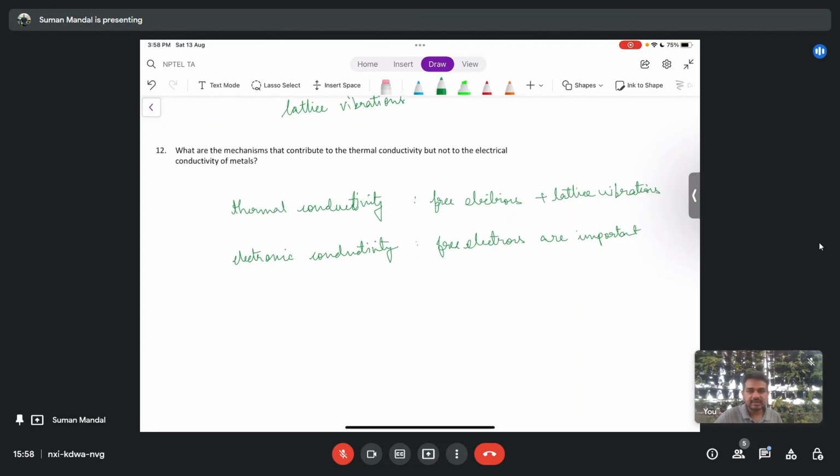So we see that the mechanisms of thermal and electronic conductivity are different.